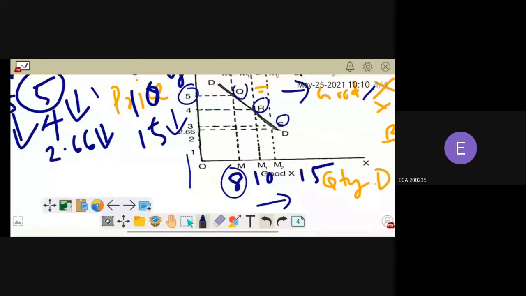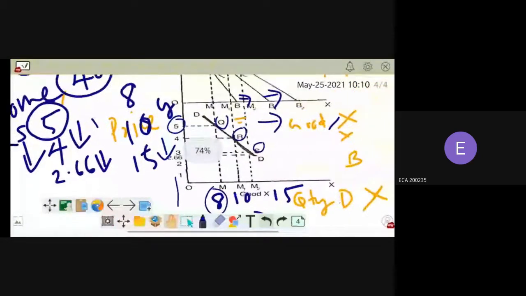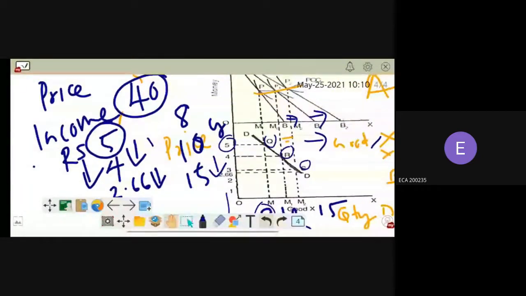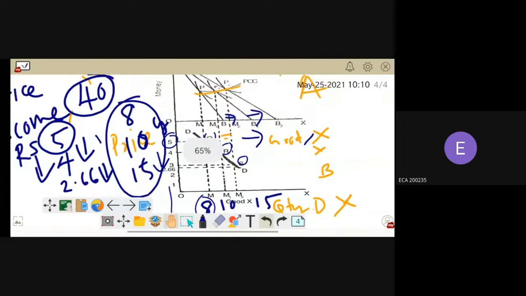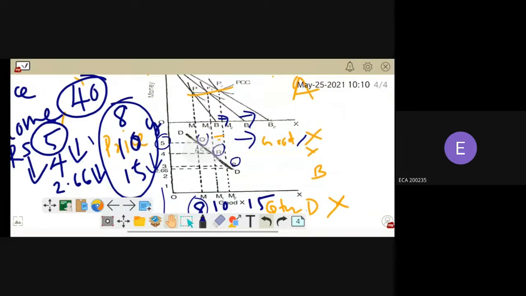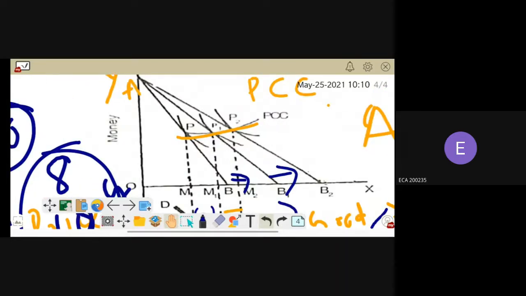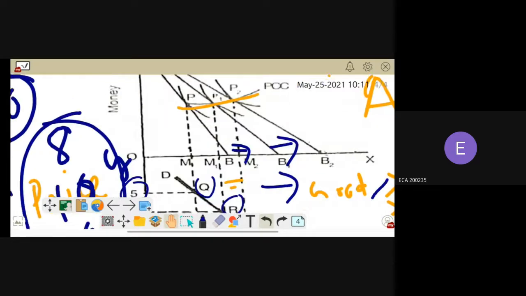In the numerical example that I have given, the income of the consumer is 40 and the price of the product has come down, so the consumer will be able to buy more of the same commodity, and so we derived the demand curve, that is DD, using the price consumption curve.